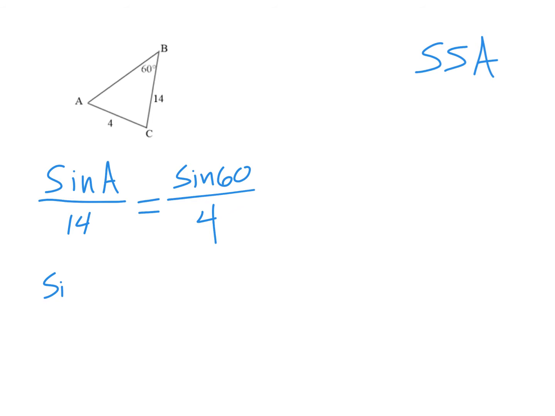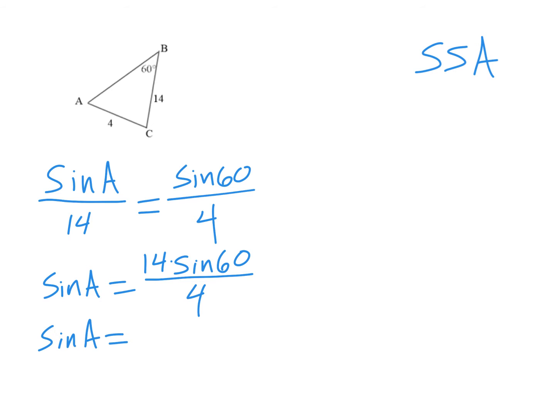The other cases were a little bit different, as I typically found in day 1 that we were finding a side length first. Okay, not the case here. 14 times the sine of 60 over 4. That right side is going to be a trig value, which we said round that to 4 decimal places.